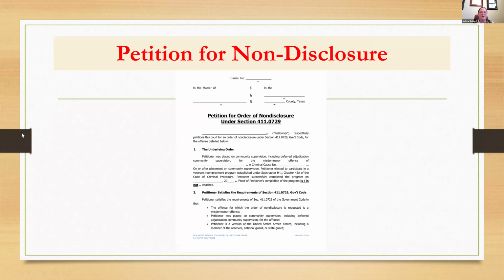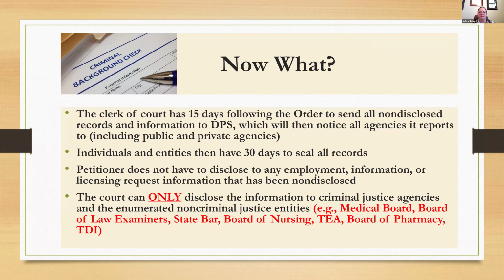Okay. This is an example of petition for non-disclosure. Like I said, the information is not required under the statute. So yeah, they send out the same notice. They send out within 15 days to all the organizations, the public agencies that you've identified, and it is going to be unique for every petition that you file.